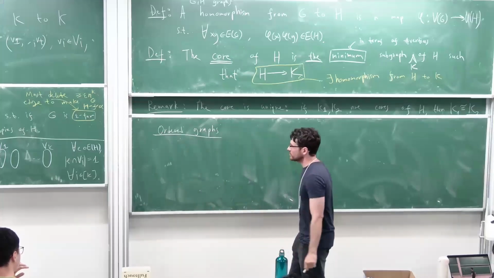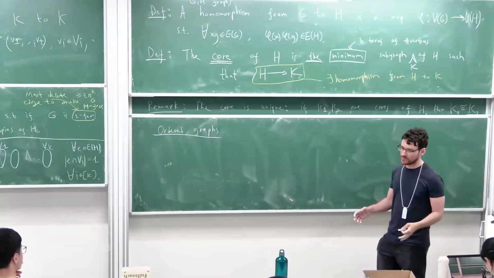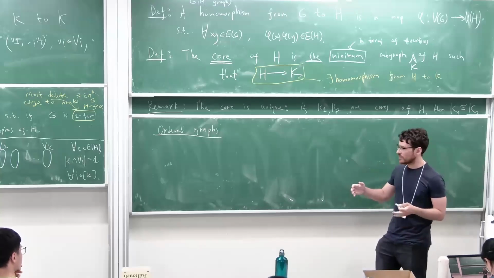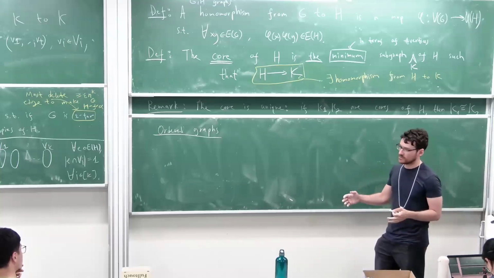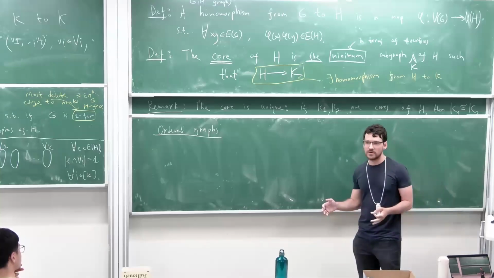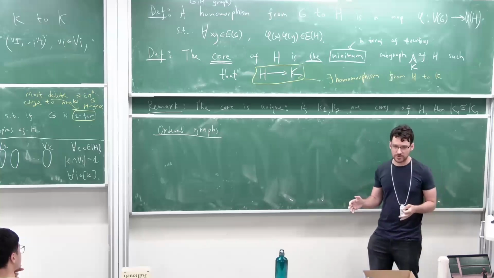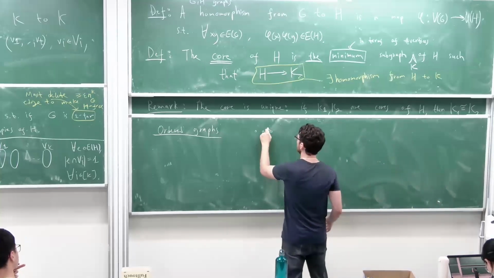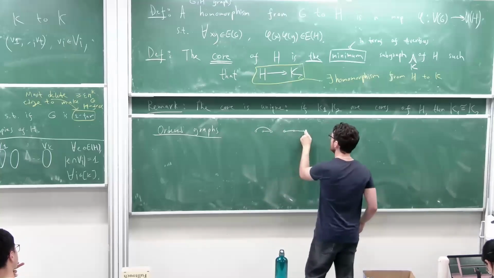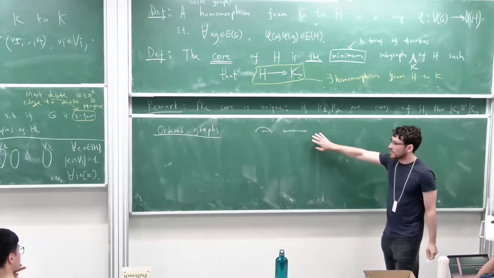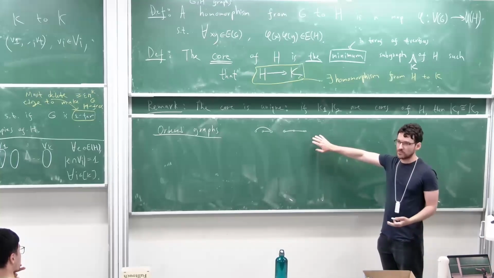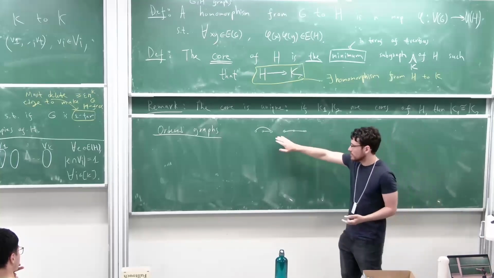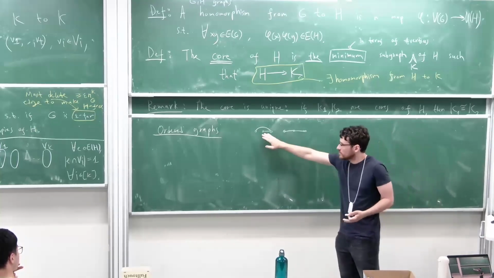Maybe you've seen ordered graphs already. An ordered graph is just a graph with a vertex ordering. Everything remains the same, except that when we talk about copies of a graph, the copies have to respect the vertex order. For example, these two graphs are isomorphic as unordered graphs, but they are not isomorphic as ordered graphs. They have different orders, because each of them is a path of length 2, but the orders don't match.